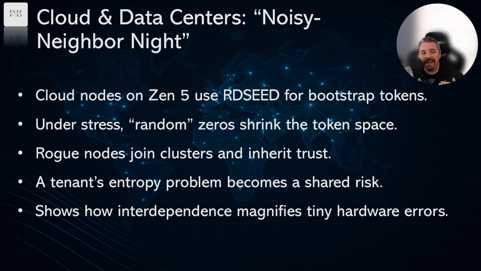And at that exact moment, other virtual machines on the same physical host are being restarted after updates. Their Kubernetes sidecar, the tiny helper that generates bootstrap tokens and mesh identities, is asking RDSEED for fresh entropy. What it gets: zeros. Those bootstrap tokens are suddenly guessable.